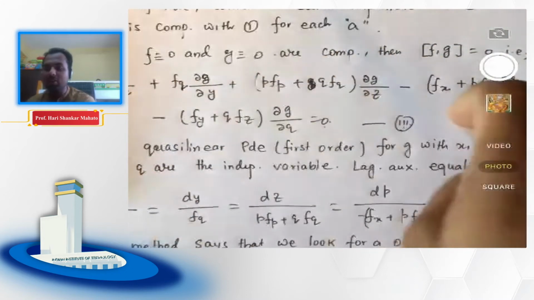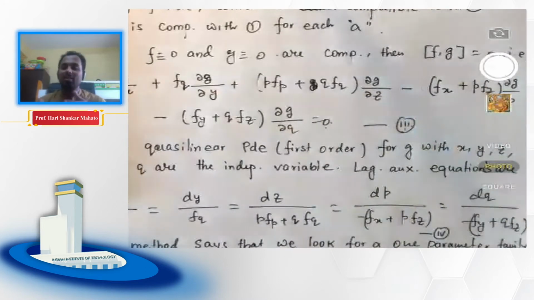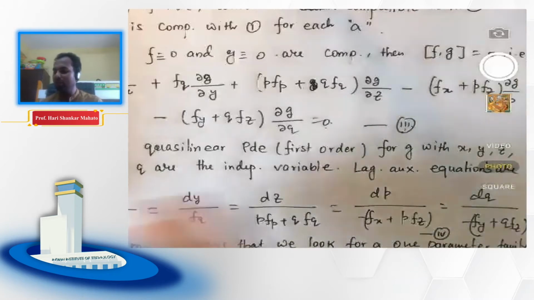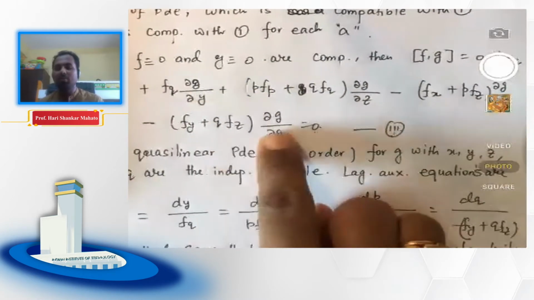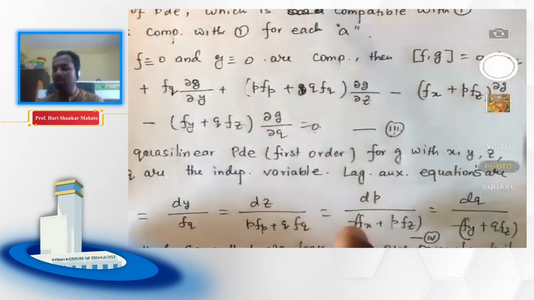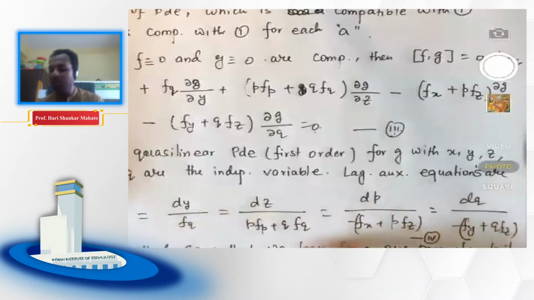So if it is a quasi-linear PD, then in a way it's an extension of the Lagrange's method, where instead of having only del z del x and del z del y kind of situation, here you have five of these partial derivatives. So we have already learned how to write down the Lagrange's auxiliary equation. So that's what we did.